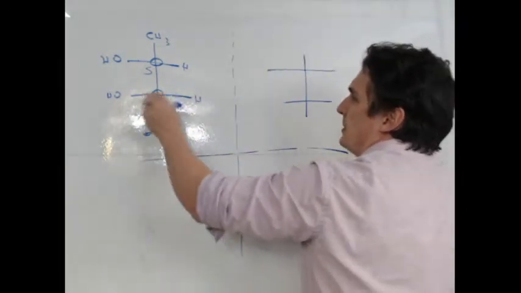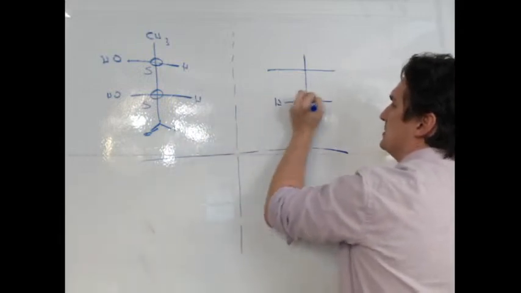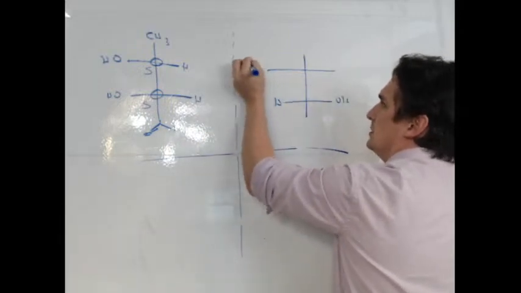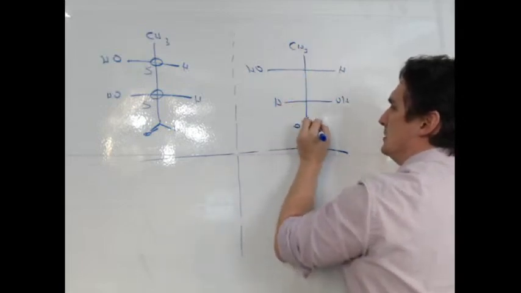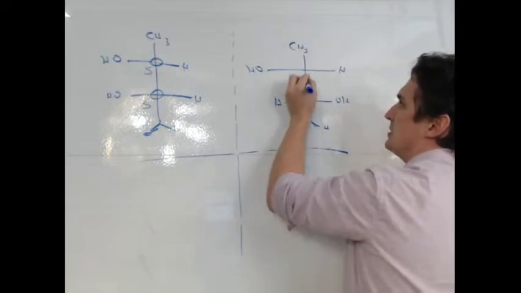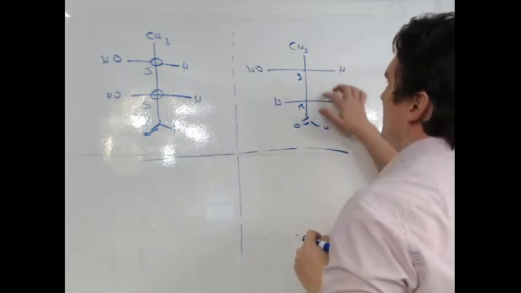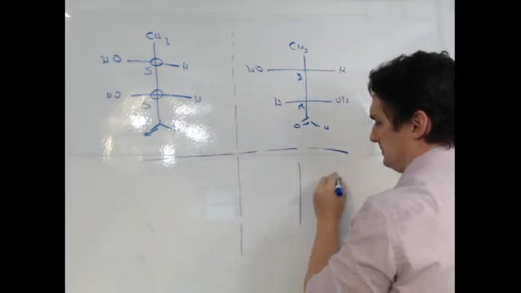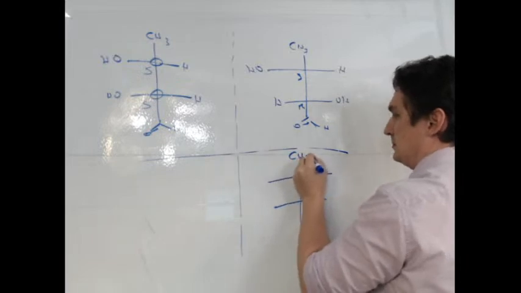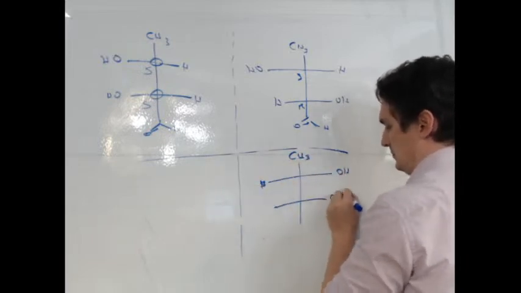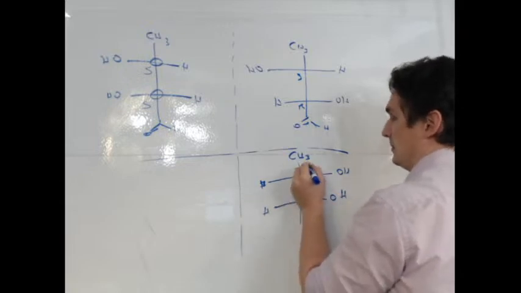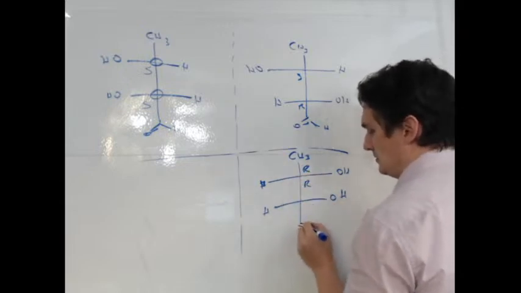So if I flip things, I automatically flip the symmetry. So this would be R and S. If I flip this symmetry, I get R, R.